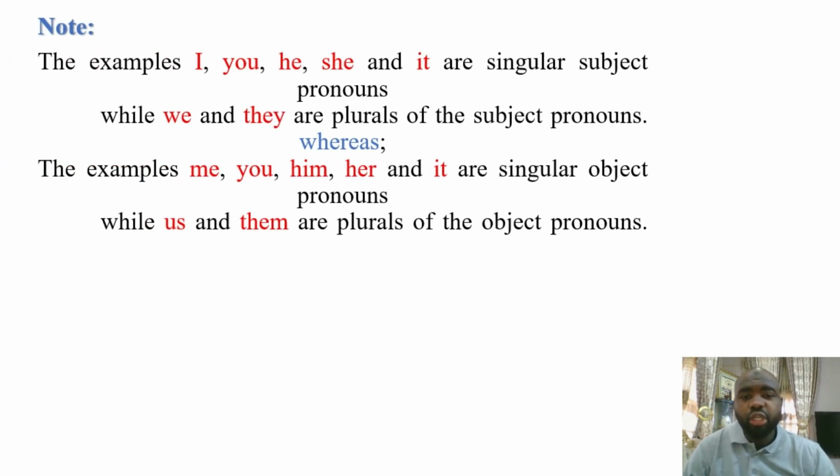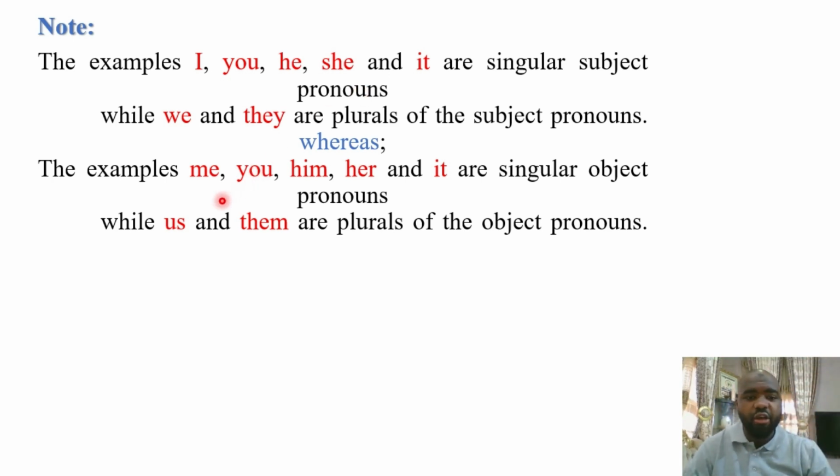Now, what I want you to know is that the examples I, you, he, she, and it are singular subject pronouns, while we and they are the plurals of the subject pronouns, just like we explained in the subject pronouns.